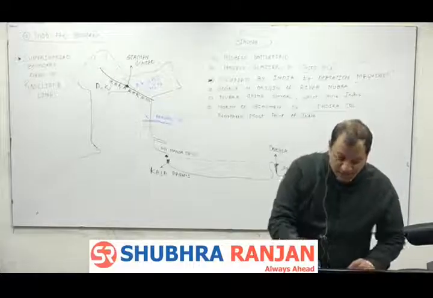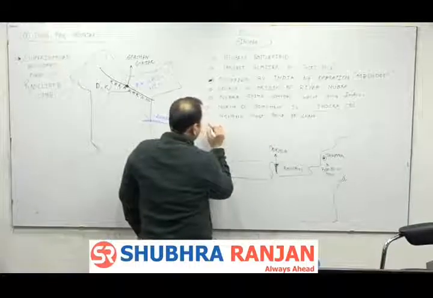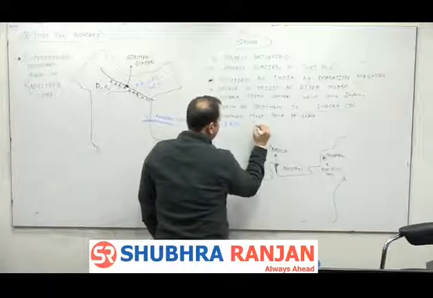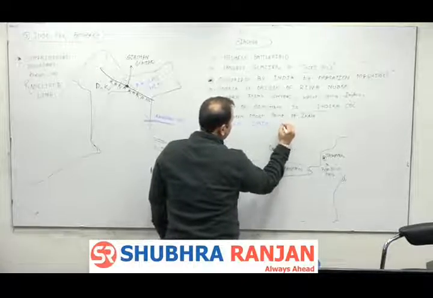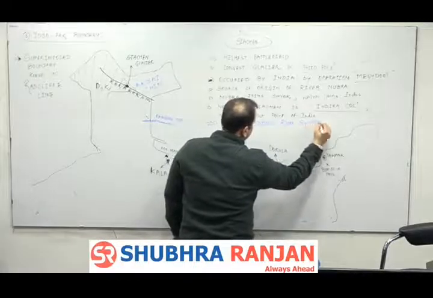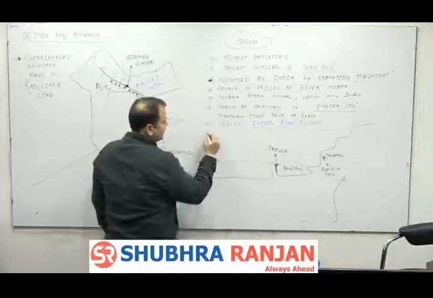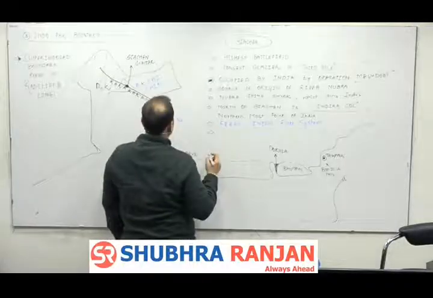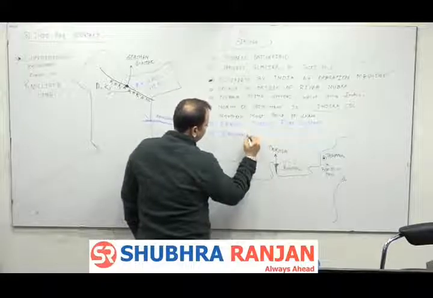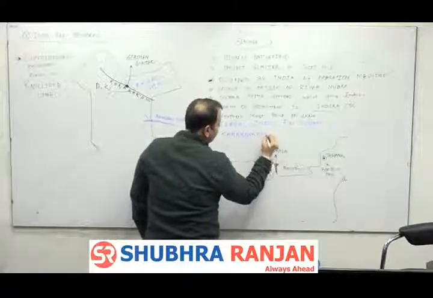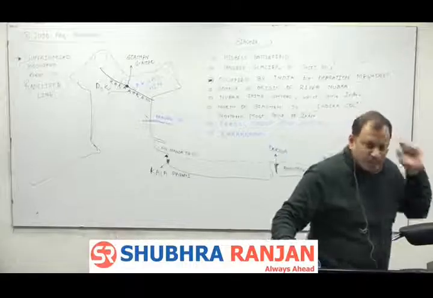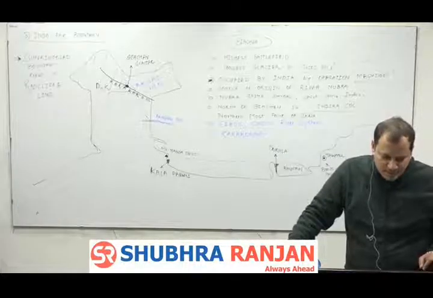So the Siachen glacier feeds the Indus river system, and ideally कौन से range में है? It is in the Karakoram range. Rest of the things will be done in the IR, etc. But geographical points you remember for preliminary examination.